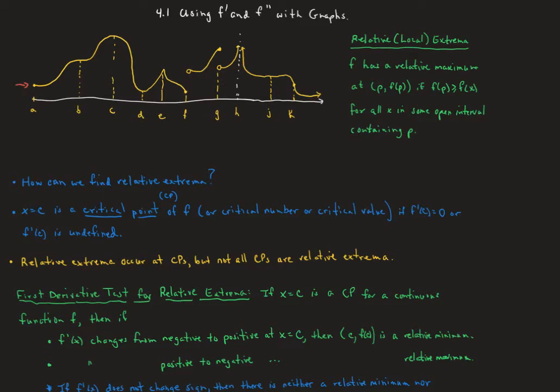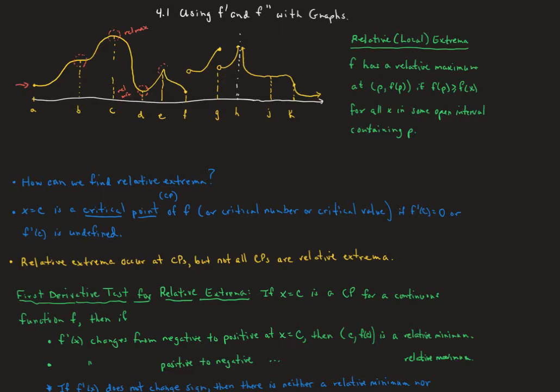So at B, you can see that is not the largest in some region around there, so that is not going to be a relative maximum or minimum. Now here at C, this is the largest y value in some region, so that is going to be a relative maximum. At D, this is a lowest point, kind of a little valley, so that is indeed going to be a relative minimum.